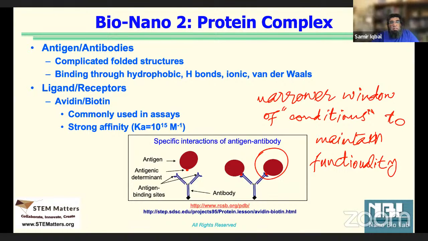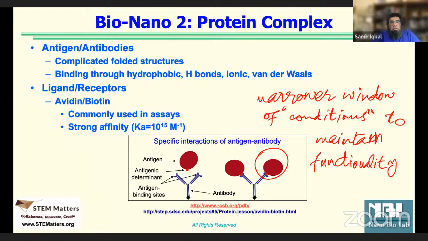Now, we know many of those bindings, but those bindings require that we have the right conditions for that binding to occur. If we don't have the right conditions, we have a narrow window of conditions, which means that all the things need to be taken care of before they actually bind, right?